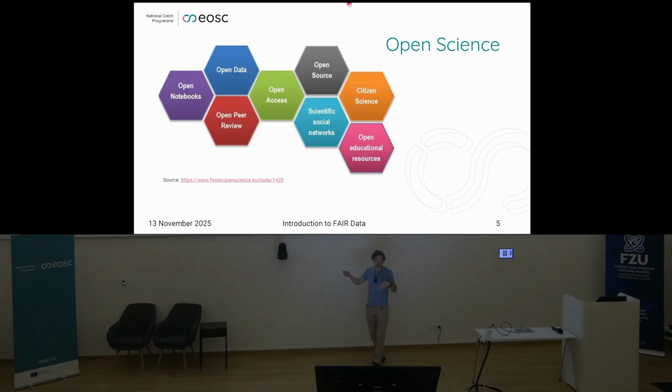With review process and publishing process of scientific publications. There are social networks, open educational resources, and maybe citizen science. Do you know what citizen science is, at least in this context?